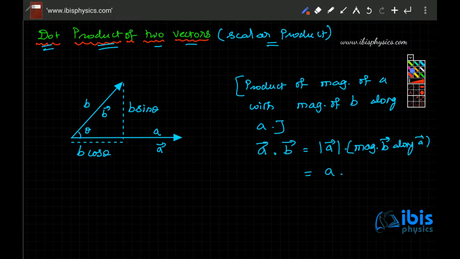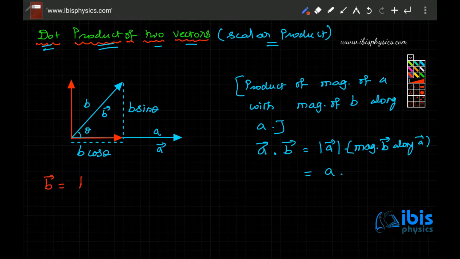In vector form, this is b cos theta and this is b sin theta, but this b sin theta will not act in this way, because this is the point of action. The b sin theta will act from here. So the b vector has two components, b cos theta and b sin theta, and you can write the b vector like this.